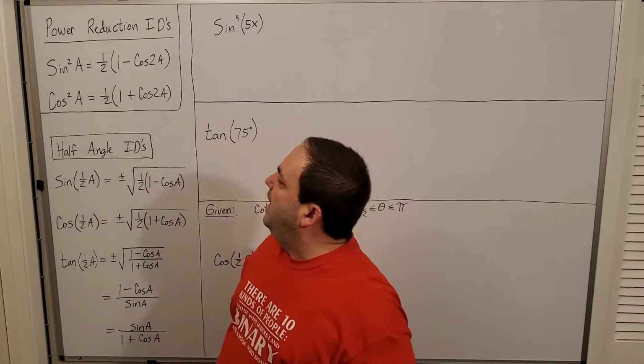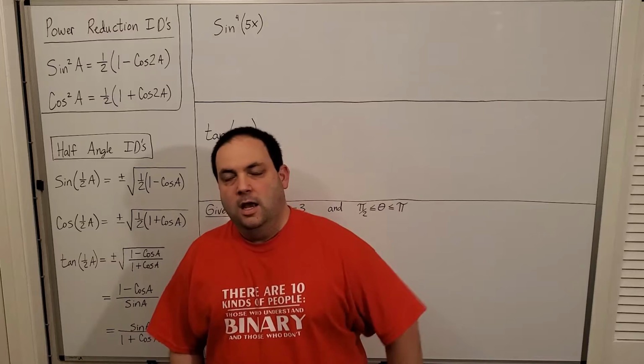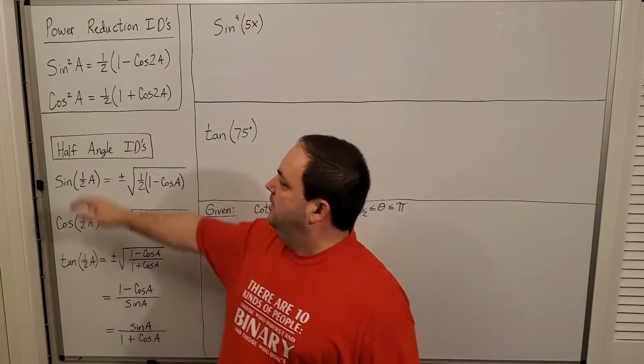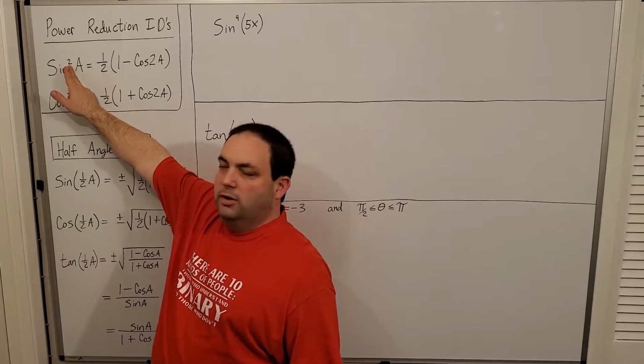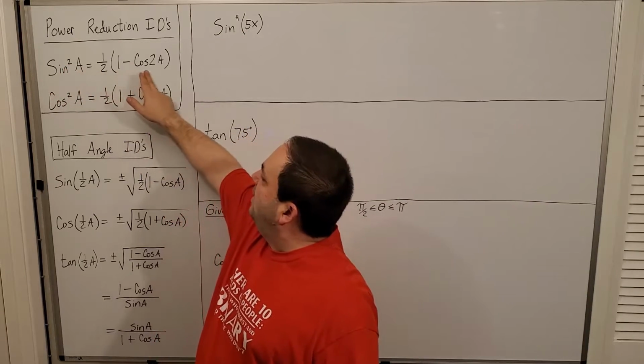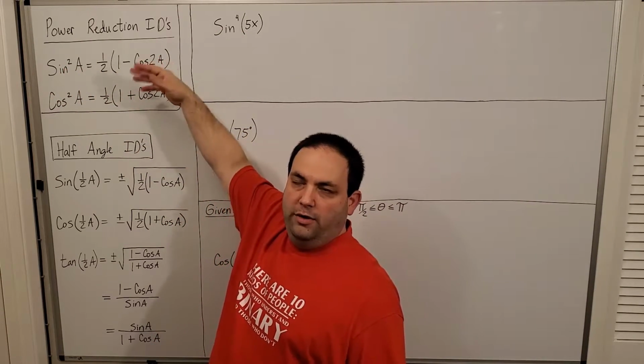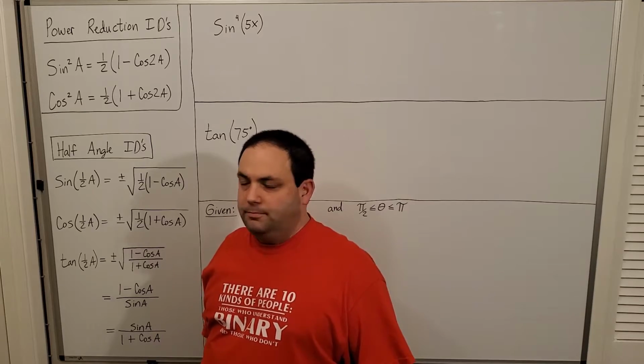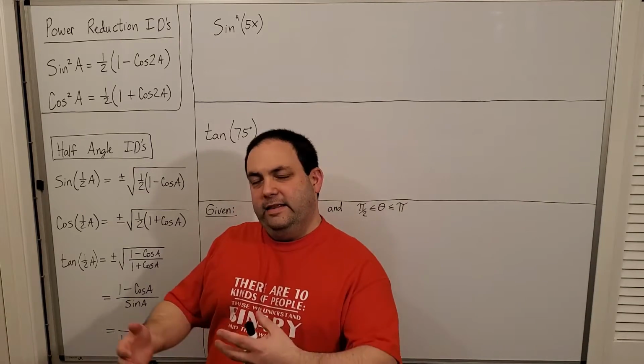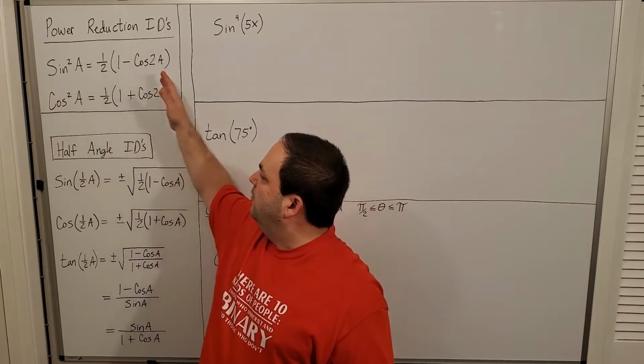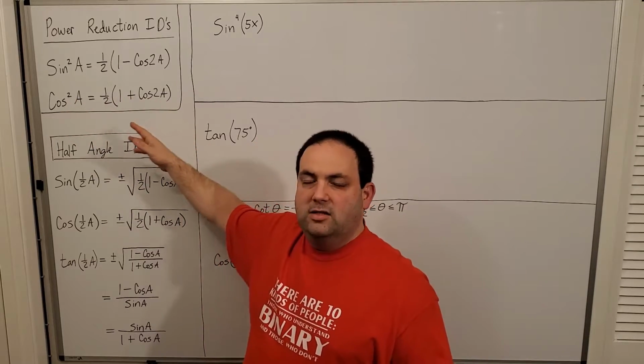And these are called the power reduction identities because that's exactly what they do. They take something with a higher power, in this case 2, and bring it down to some other trig without that exponent. In this case, I'm bringing sine over to cosine, and cosine stays as cosine.